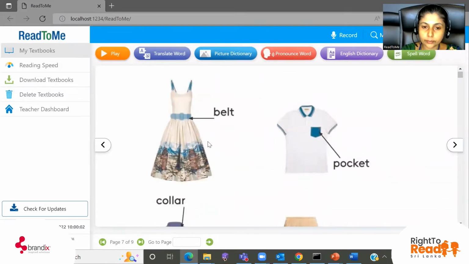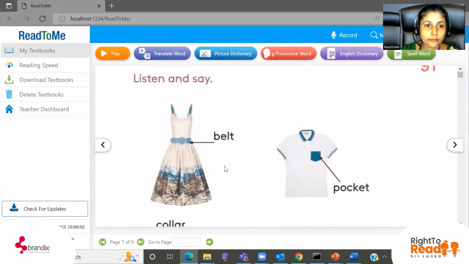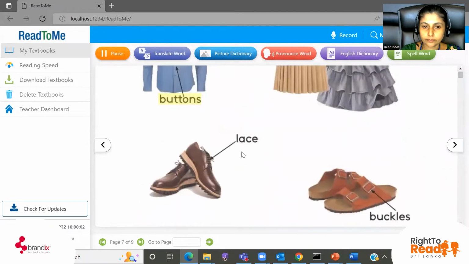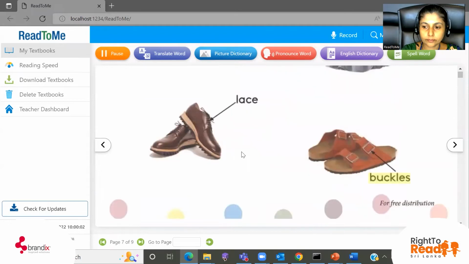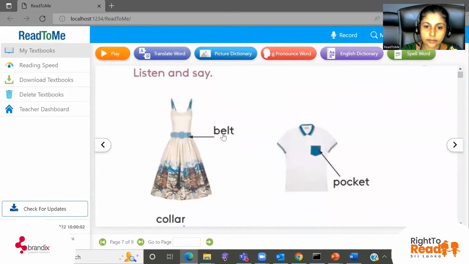Different parts of these clothes and shoes, sandals, are labeled. Shall we read this lesson first? Belt, pocket, collar, buttons, pleats, frills, lace, buckles.